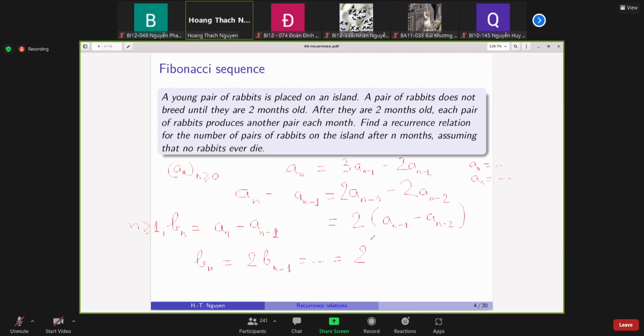So it will be equal to 2 to the power n minus 1 times b_1. Okay, so you have a generic formula here.